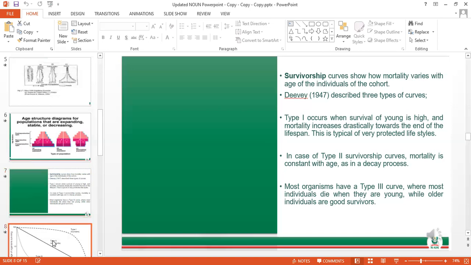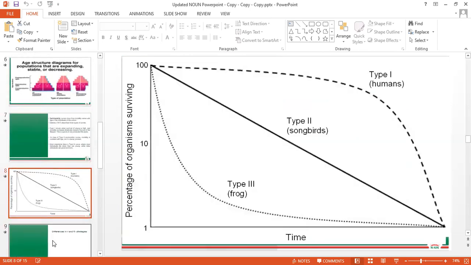And to portray what we're talking about, here is a simple chart to show the three types of survivorship curve. We have the one which is quite peculiar to humans, as we can see, the one that is constant with age, as in birds, and the other one is with frogs.